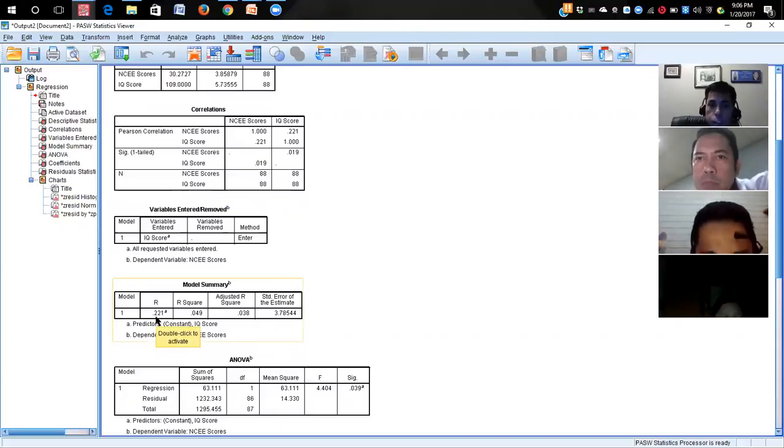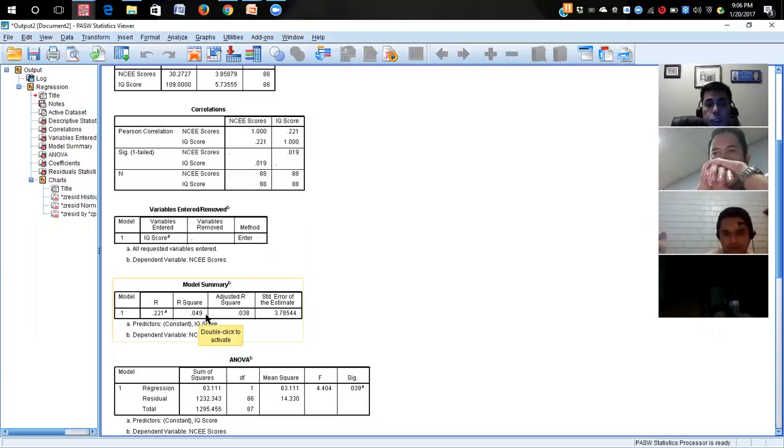That's the correlation, the Pearson's R, which is a weak positive correlation, and the R square is 0.049, which is always the shared variance between the independent and the dependent variable. And so basically what this tells us is that only about 4.9% is accounted for by the IQ, on the shared variance of the IQ and the NCE score.